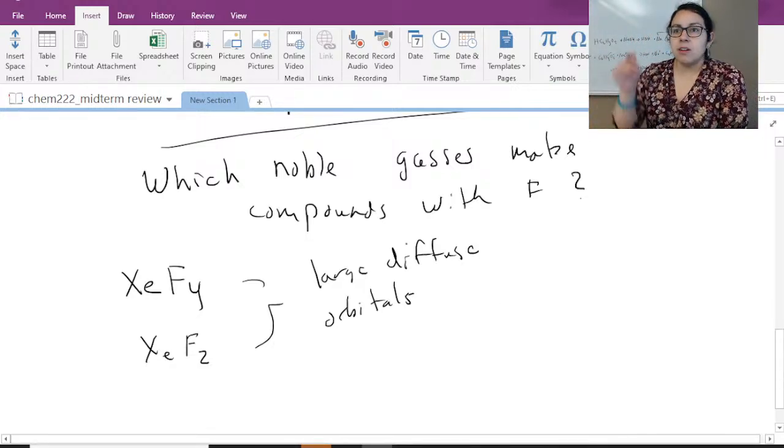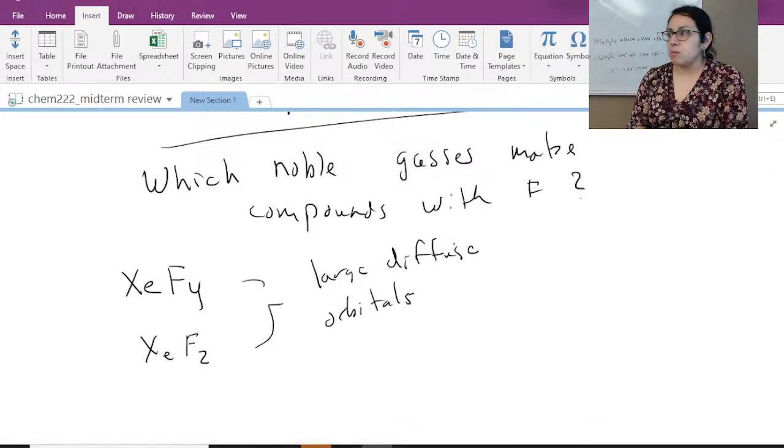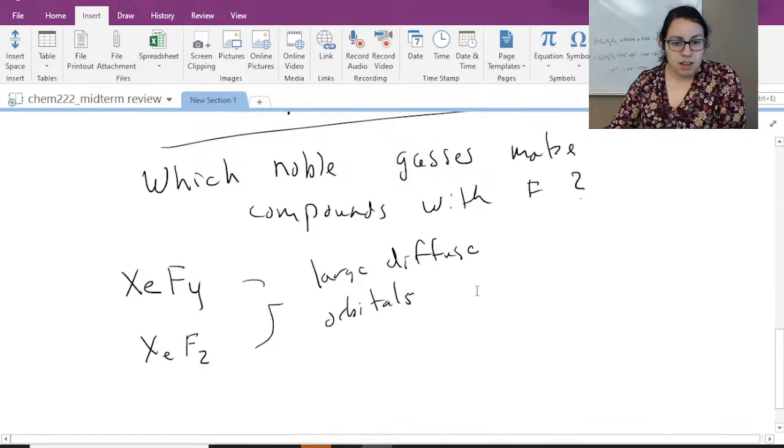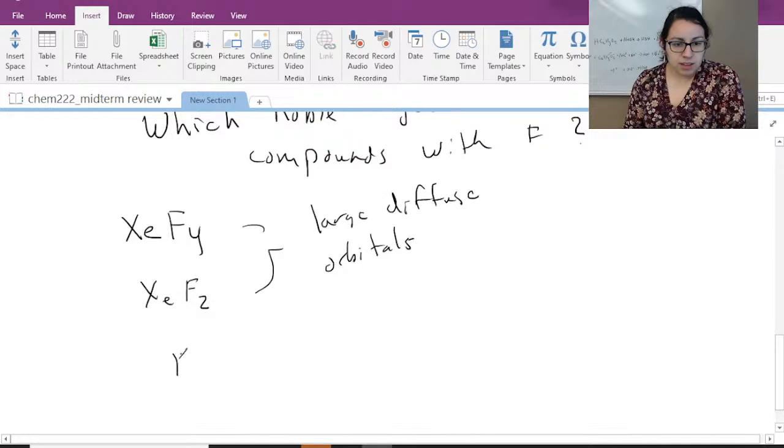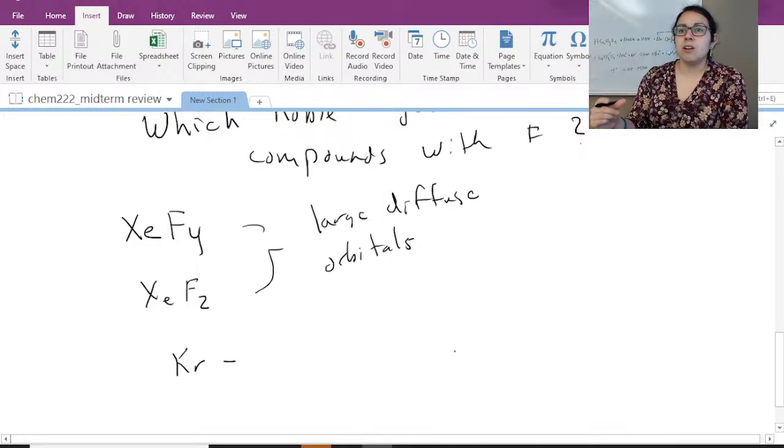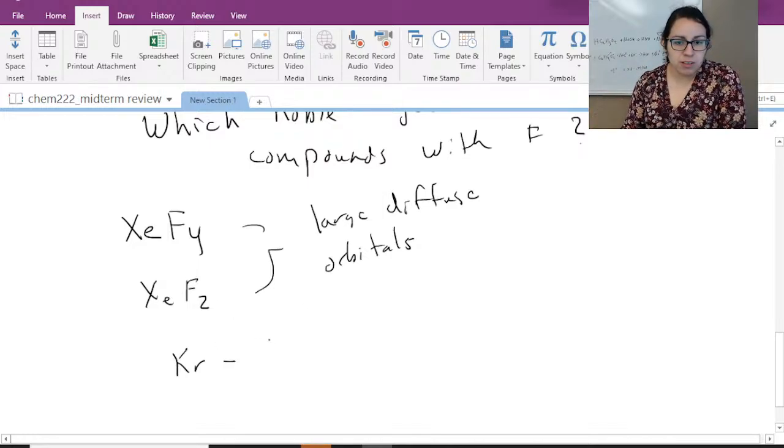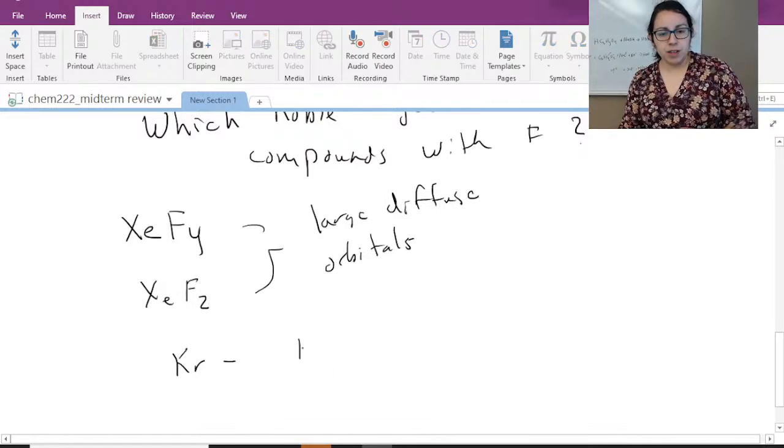So who's right above it, if we're going with this size argument? What's the next noble gas? Krypton is the next one, so xenon's larger, and then krypton is our next smallest. And so krypton is our other example, at least more commonly.